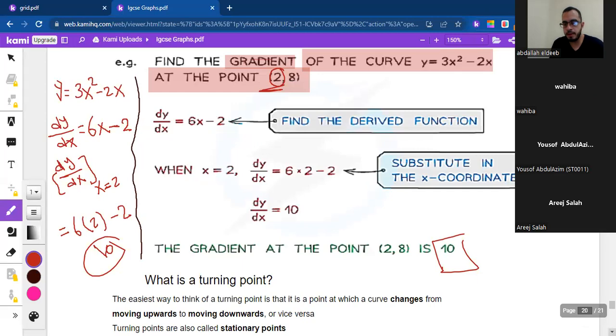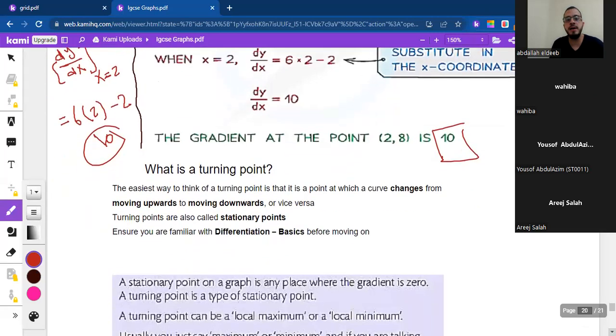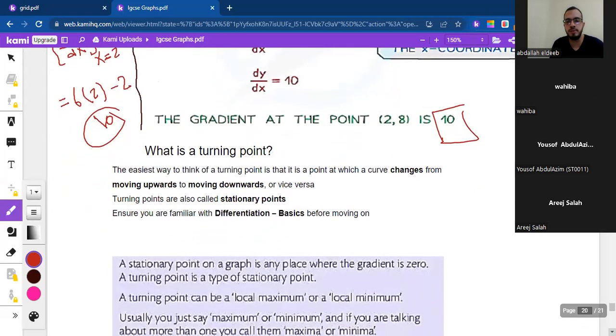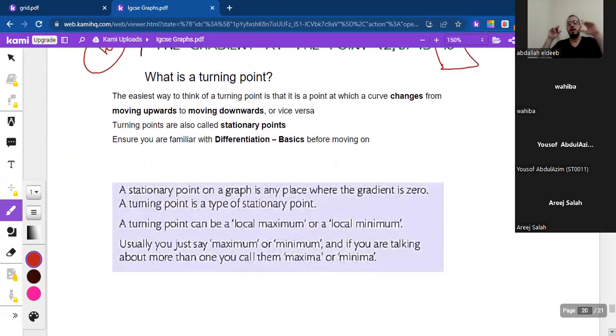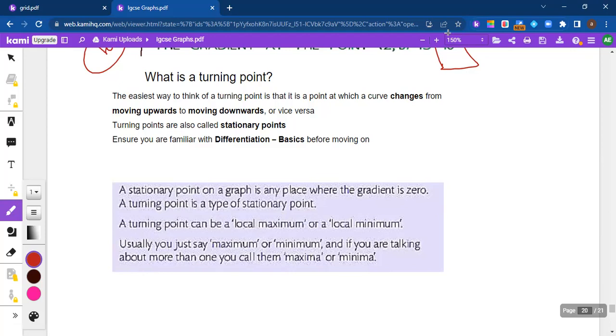Now we're going to speak about the turning points. Try to make sense of the word turning point. What does it mean, turning point? See here, if you have a curve like this, y equals x squared, we draw it like this.